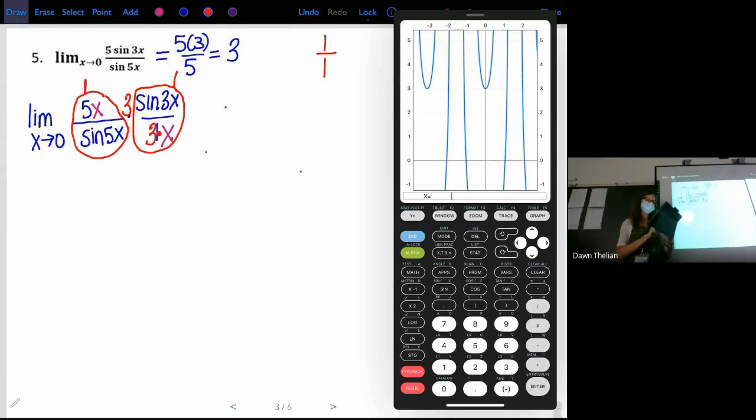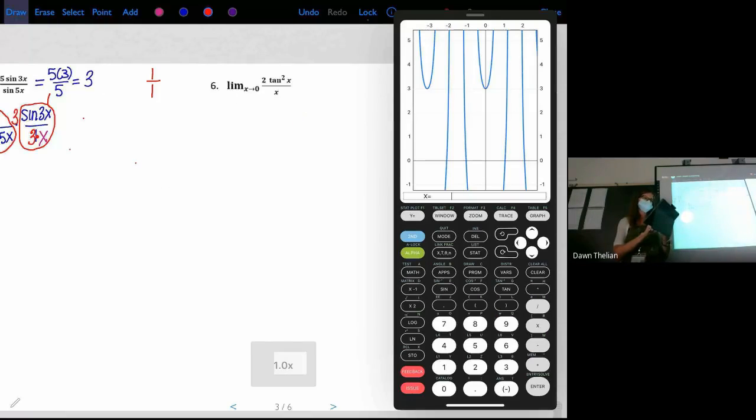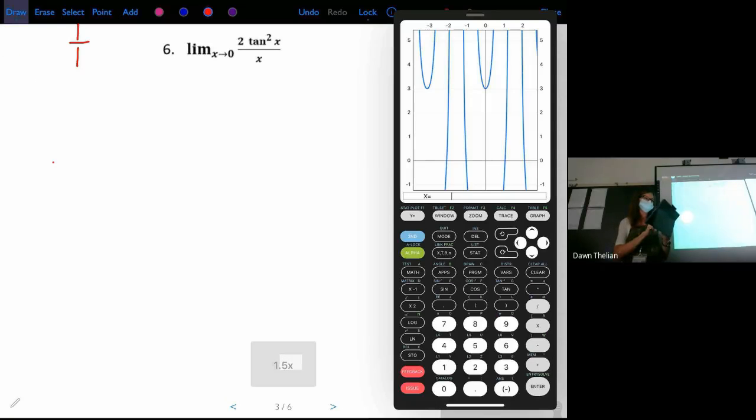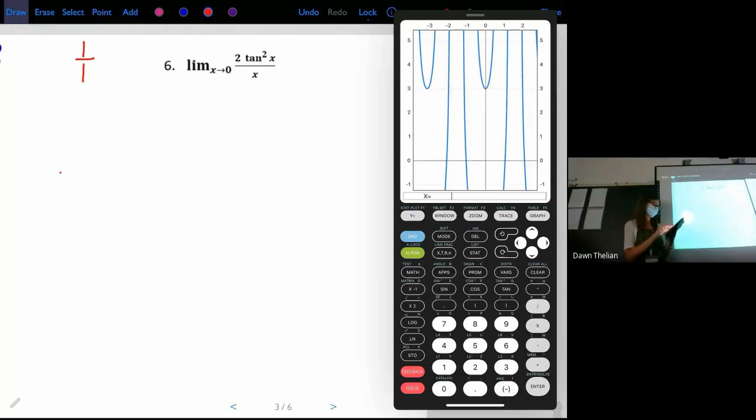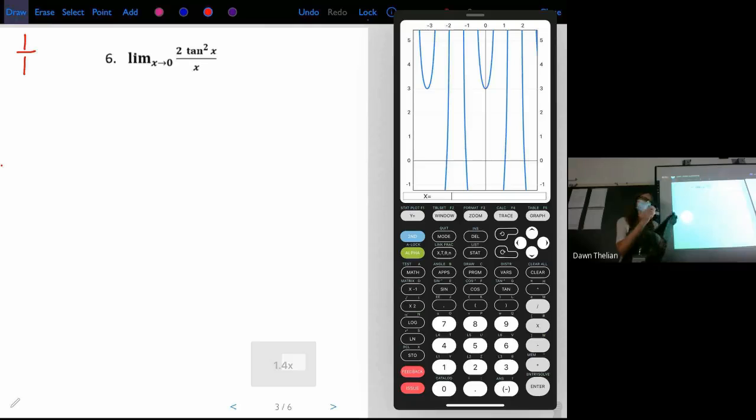Let's see, I'm at number 6. All right. Limit as x approaches 0 of 2 tan squared x over x. Now, when a trig function is squared like that, what this translates into is that we're squaring the entire tangent of x.